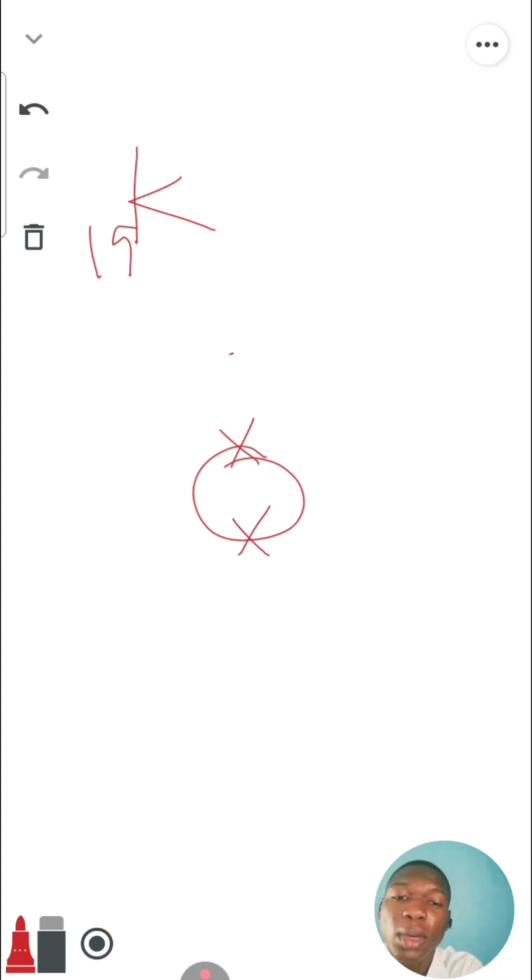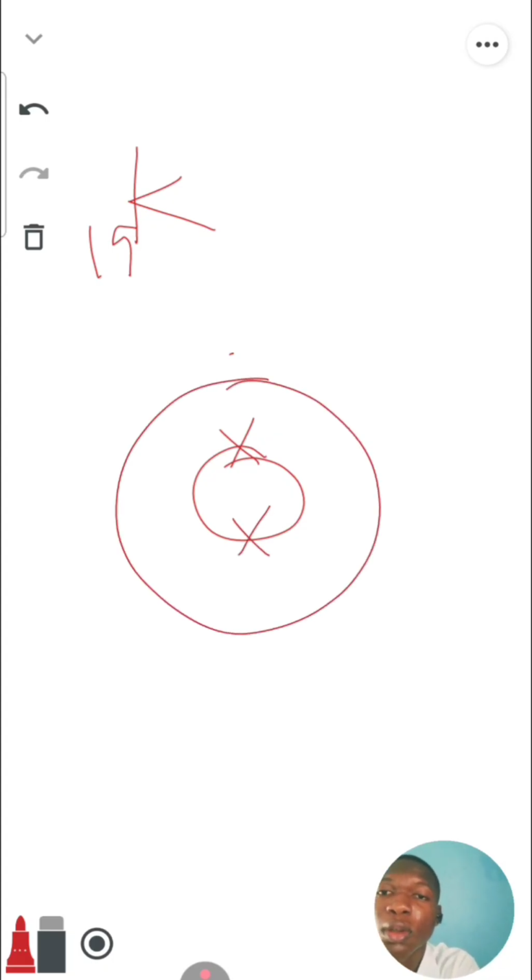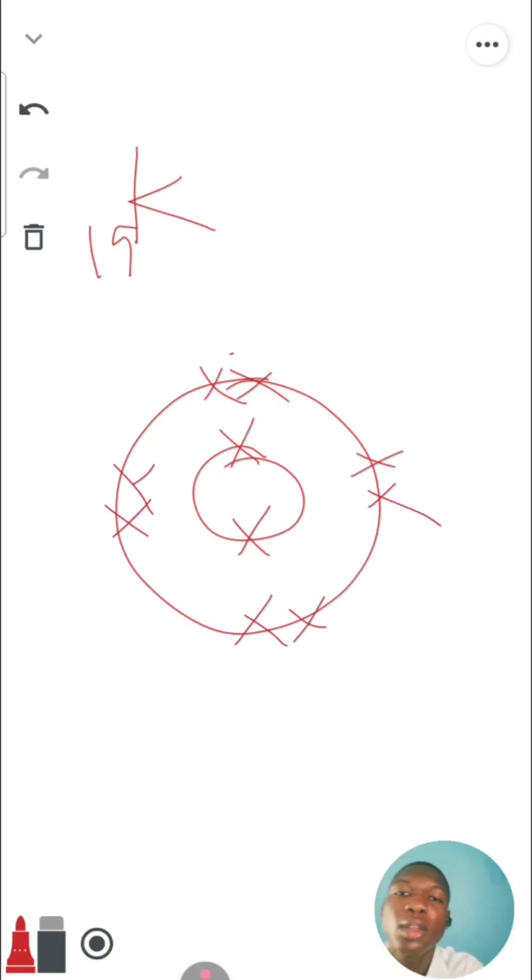But we want to focus on the electrons, okay? So it goes like this. 1, 2, 1, 2, 3, 4, 5, 6, 7, 8. Is that correct? So we've arranged 10 out of 19. So we still have 9 left.